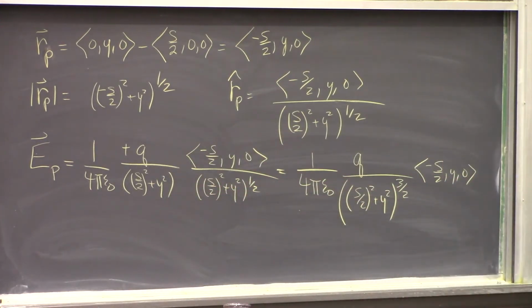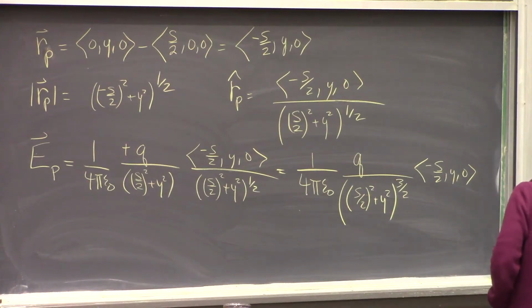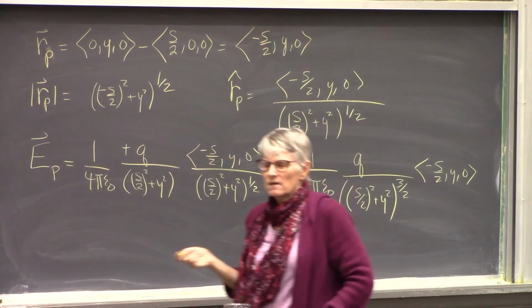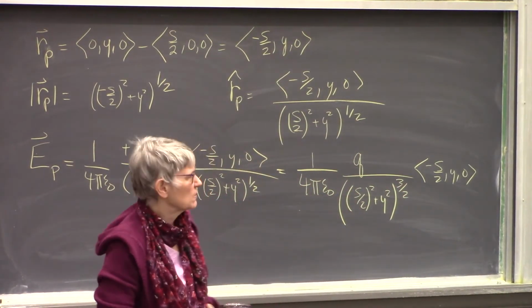Now, how do we get the net field at that location contributed by both charges? We just add them up. So E net, it may actually be simpler to look at components separately, actually.